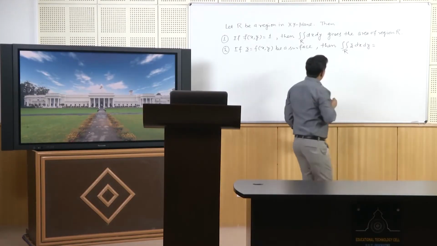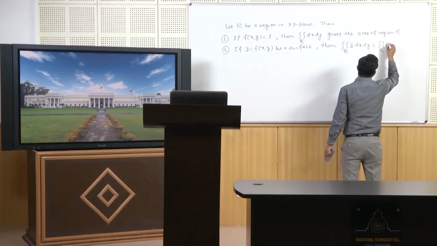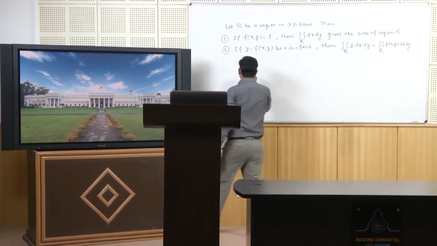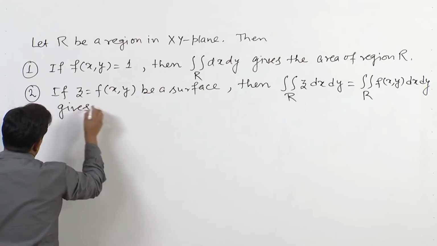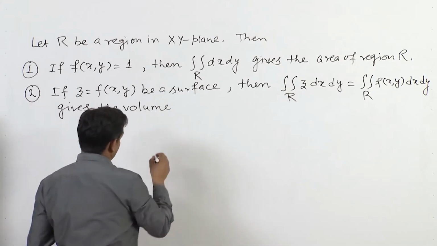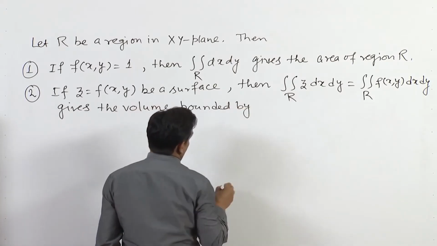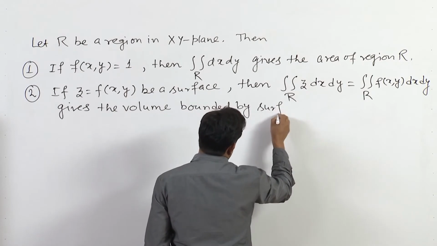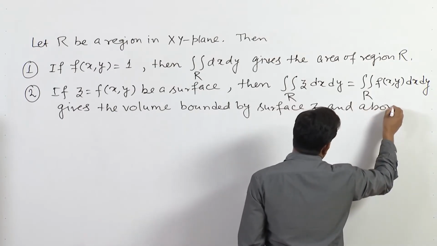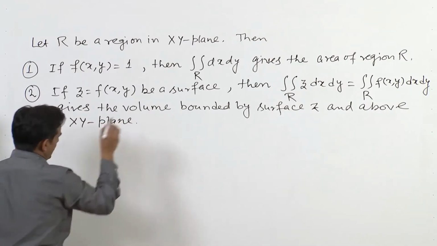Z is a function of x and y, so we can replace z with that function f of xy, dx dy, and it gives the volume of the region bounded by the surface z and above the xy plane.